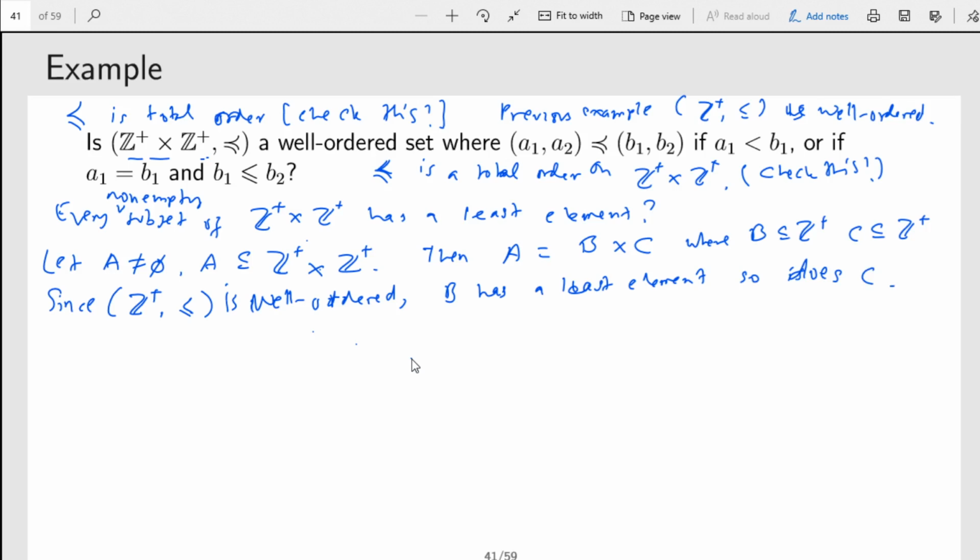Note, of course, that B and C are not empty, because A is not empty. Now let small b be the least element of B and small c the least element of C.